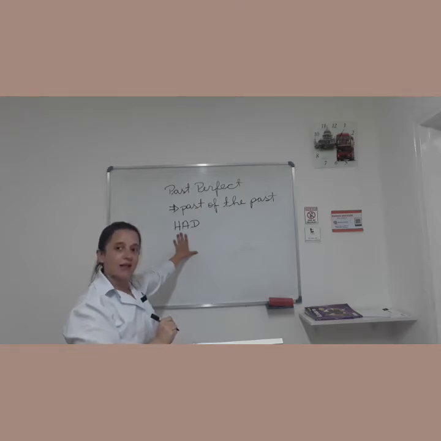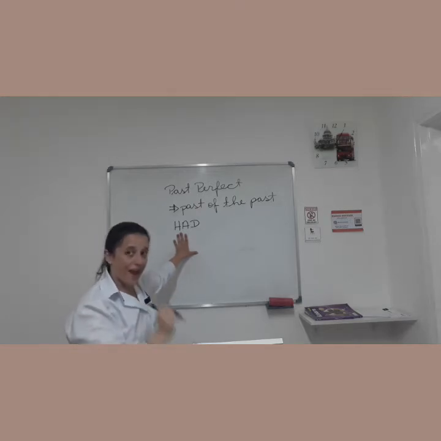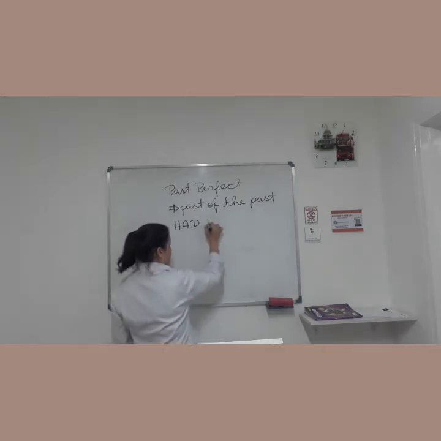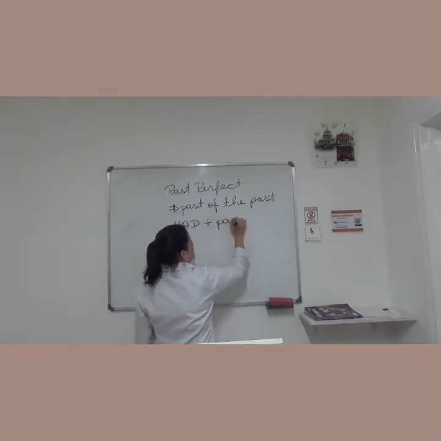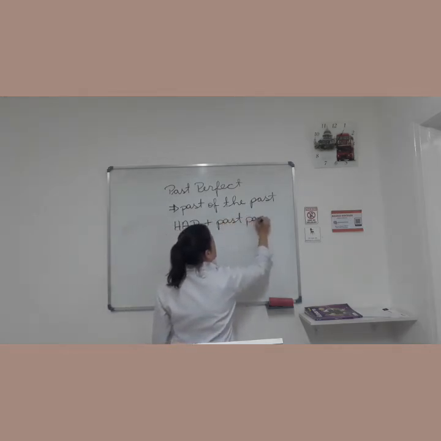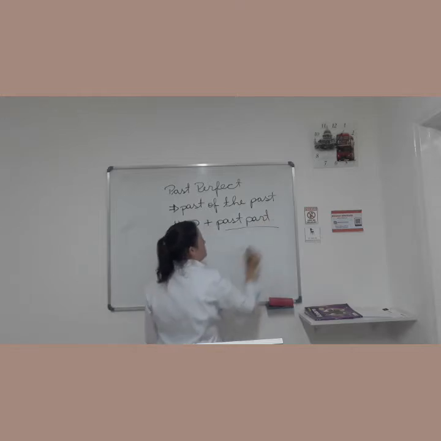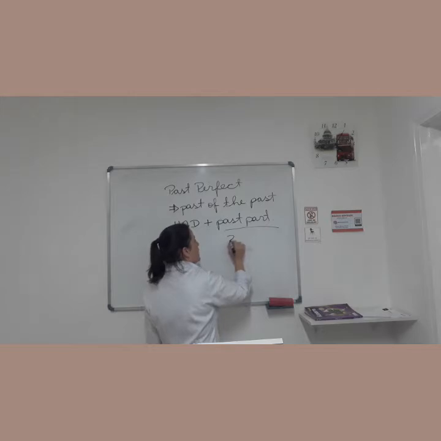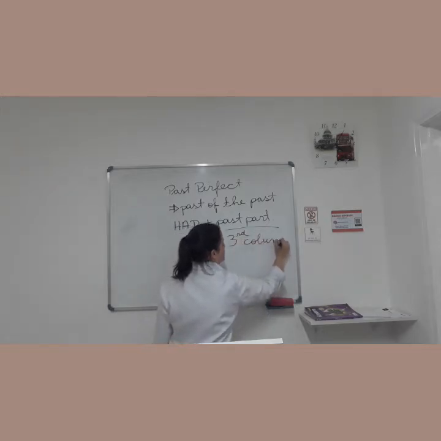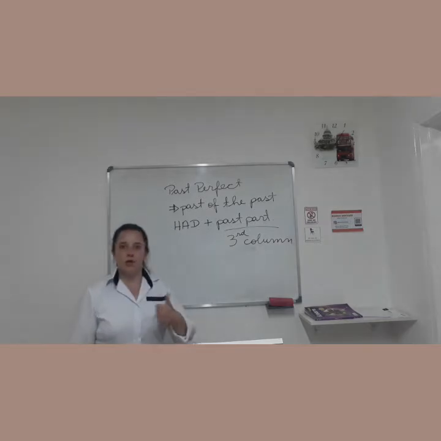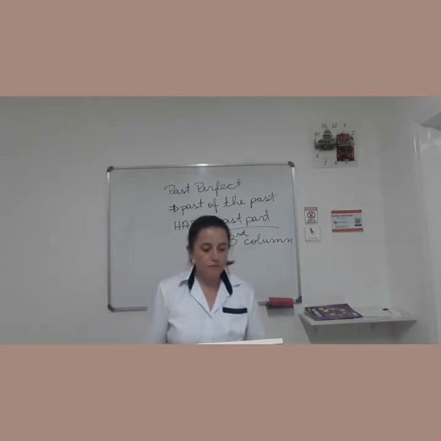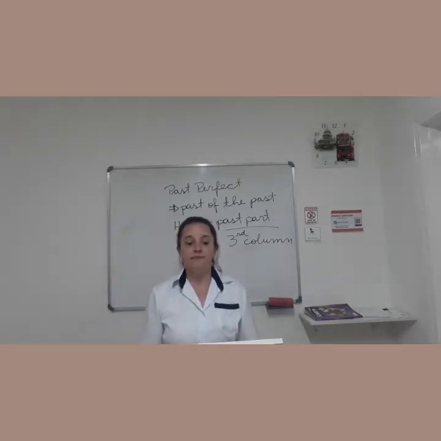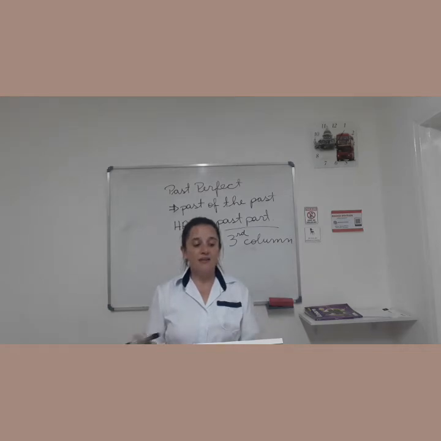Yes. I had, you had, he, she, it had. Plus the past participle of the verb. The past participle, as you know, is also known as the third column. Cool? So, let's do the first exercise.